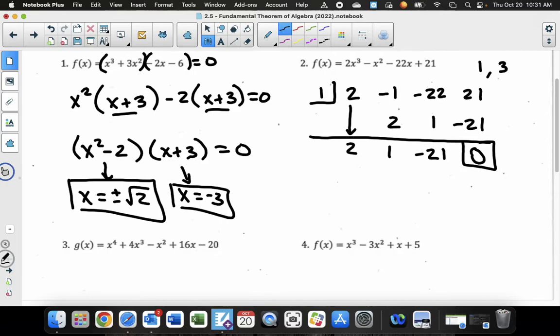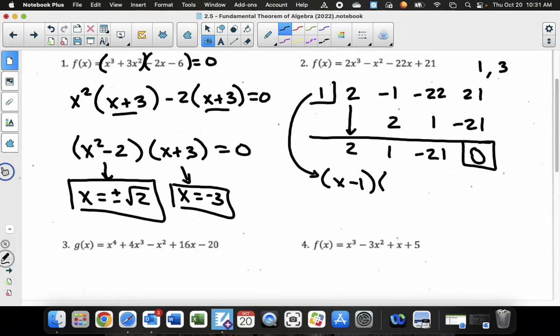Now, here's the next part. We got a lot of numbers up here. We got to make sure you understand what they mean. So here's our first 0. If 1 is a 0, what's a factor? X minus 1. Going back to like we were talking about yesterday, x minus 1 is a factor. And here's the other nice part about synthetic division.